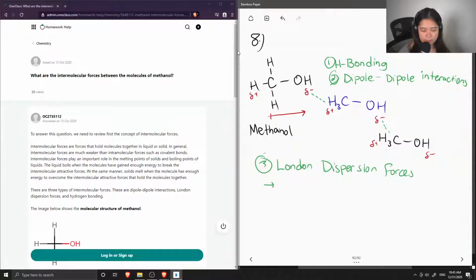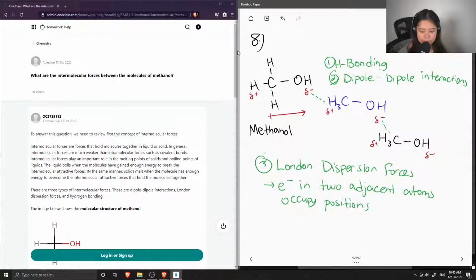So when we have London dispersion forces, this is when the electrons in two adjacent atoms occupy positions that make the atoms form temporary dipoles.